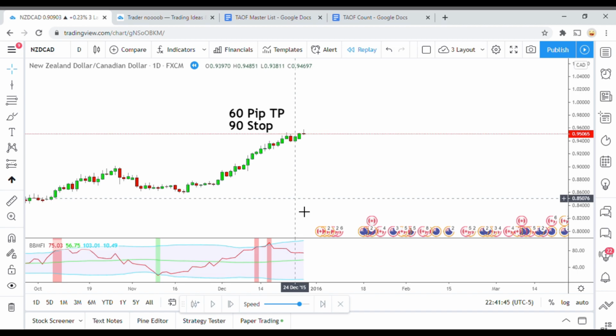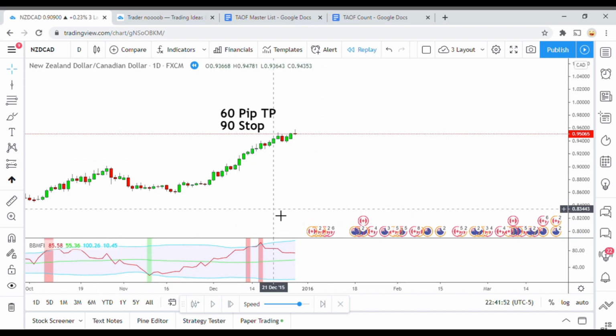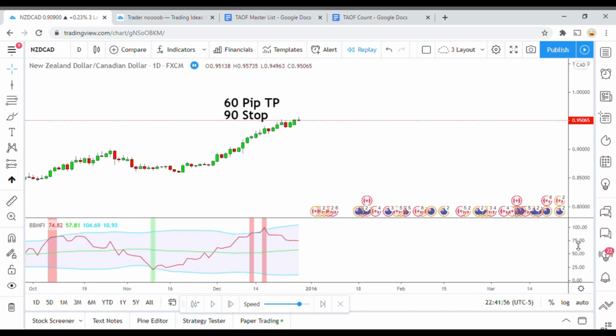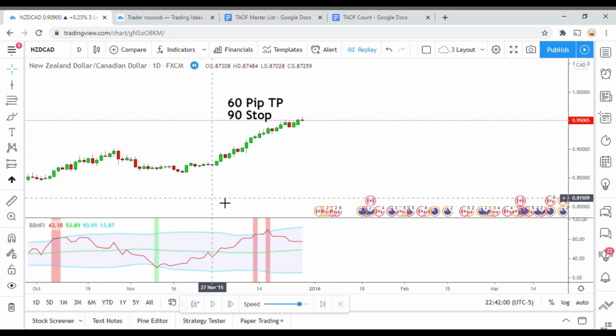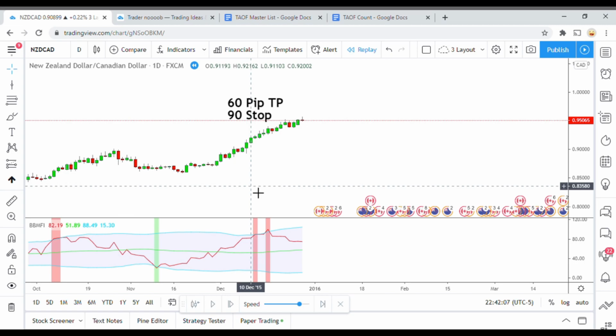All right, now back on to today's indicator. So it is the Bollinger Band Money Flow Index indicator. This is a TradingView member created indicator, like many of them that we have been testing lately. And of course, you can find a link to it down below in the description.